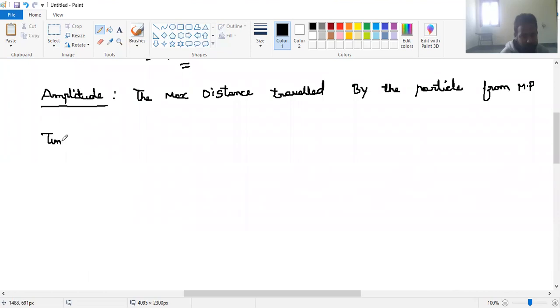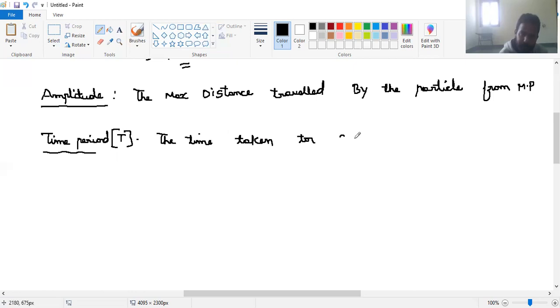Then the next one is time period. What is meant by time period? The time taken to complete one cycle. One cycle means what?